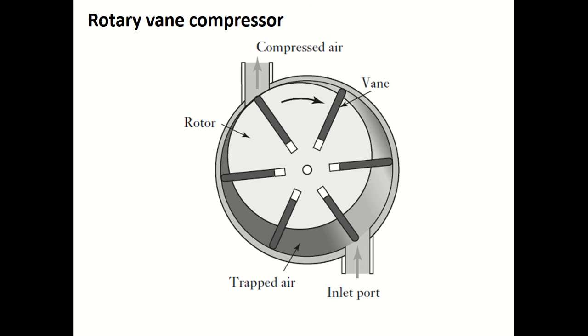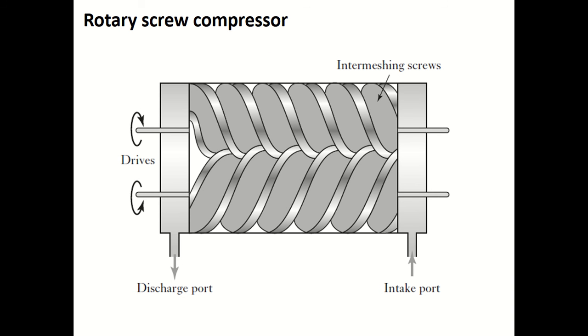Another form of compressor, shown next, is the rotary screw compressor, which is commonly used in pneumatic actuation systems to compress the air. In the diagram you can see two intermeshing rotary screws which rotate in opposite directions. As the screws rotate, air is drawn into the casing through the inlet port and flows into the space between the screws.